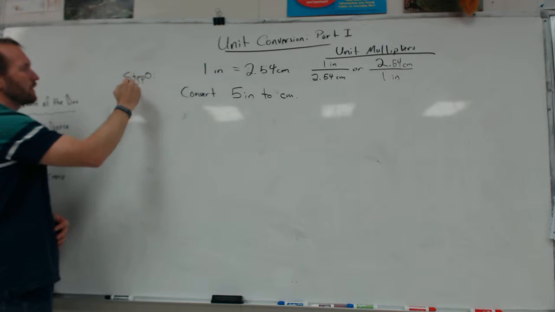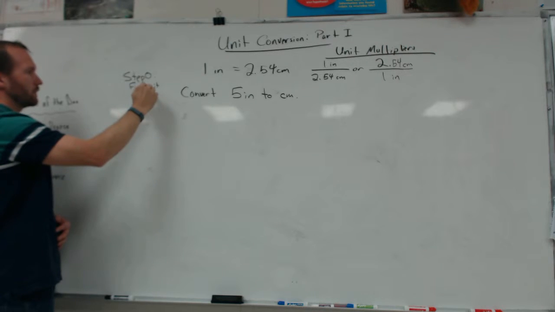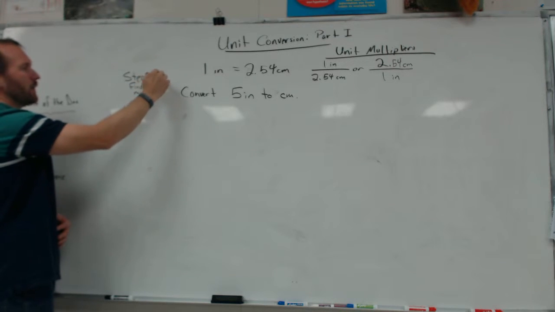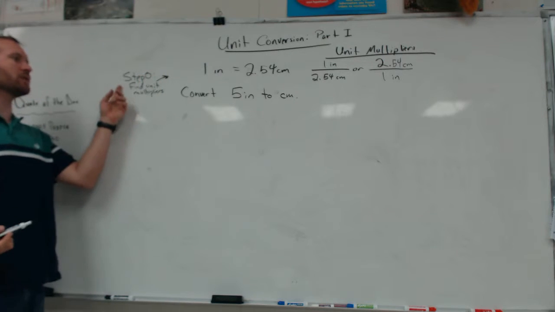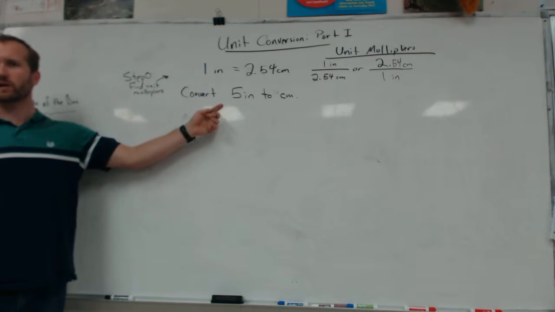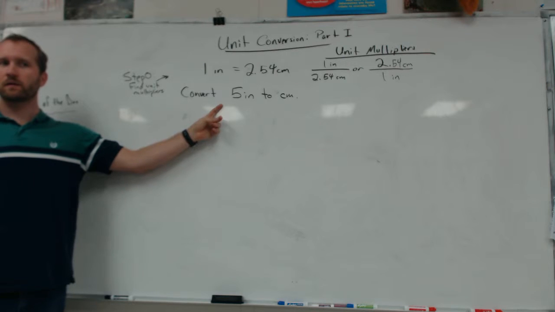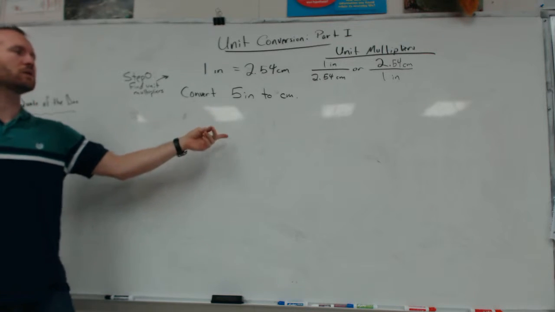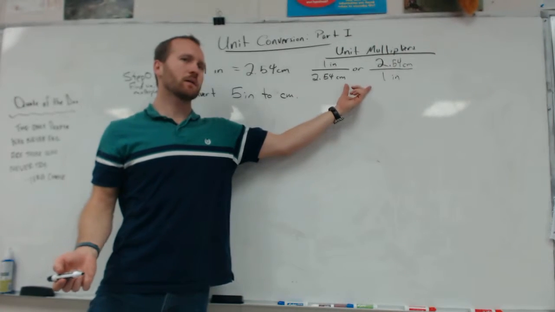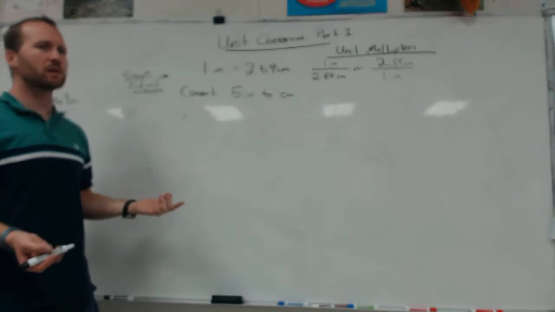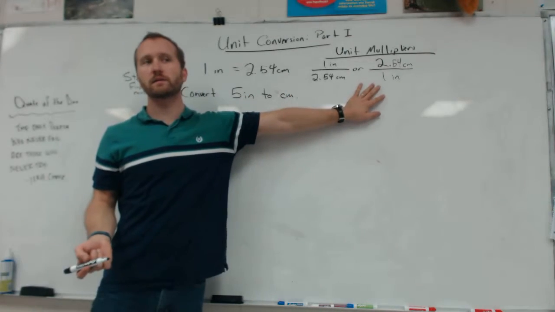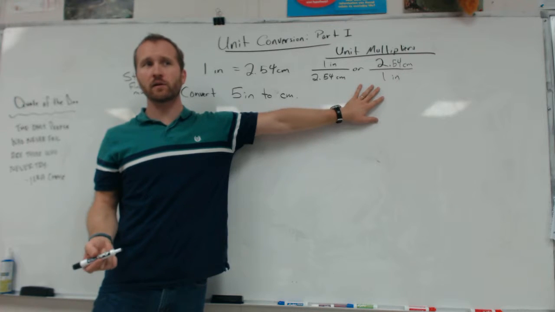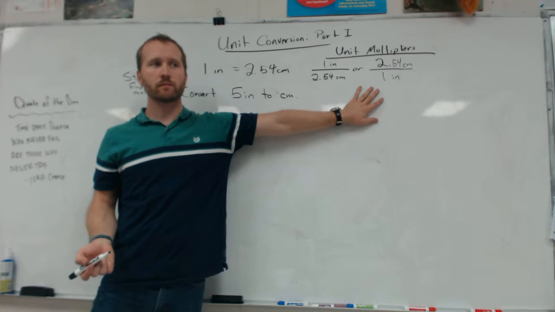Step 0 was find the unit multipliers. I'm calling this step 0 because you really do this before even starting your problem. There's only 2 unit multipliers for this. So if I'm converting between inches and centimeters, I'm only going to do this once. I'm not going to do it for every single problem. So that's why I'm calling it step 0.